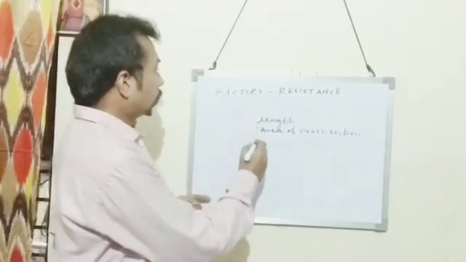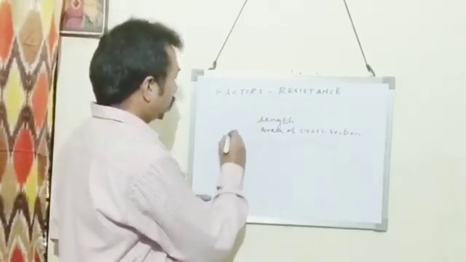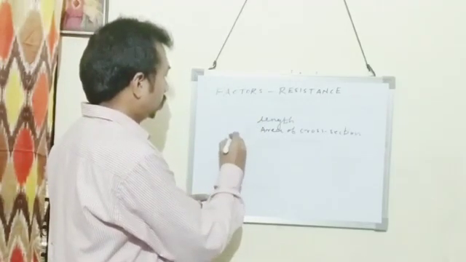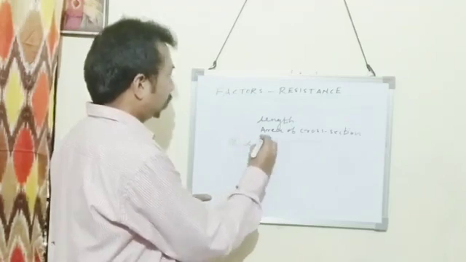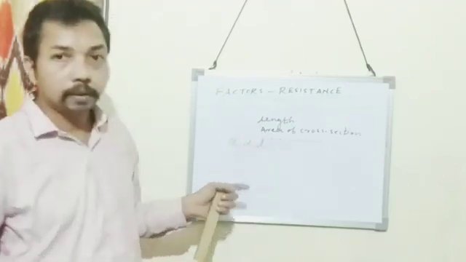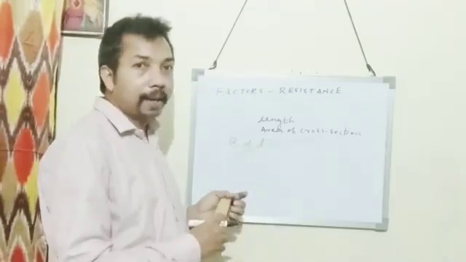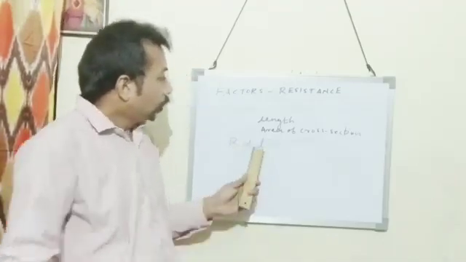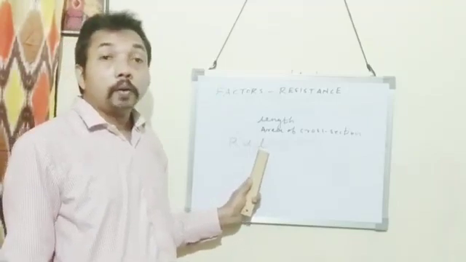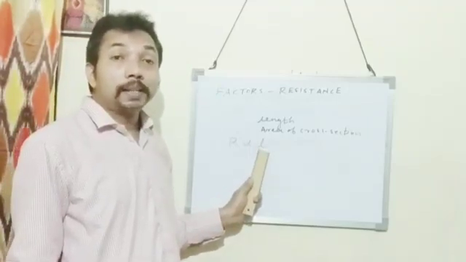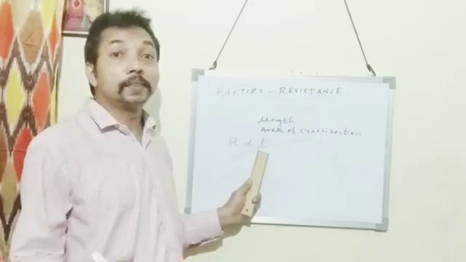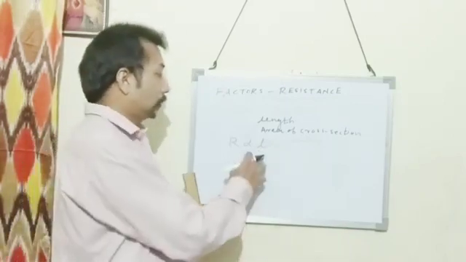The resistance of a wire is directly proportional to length. So when the length of the wire increases, the resistance also increases.